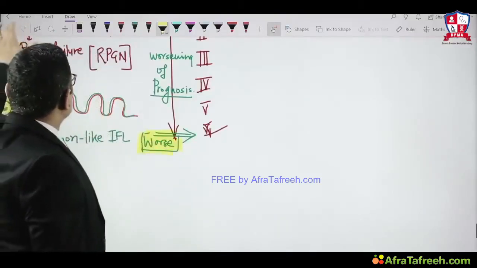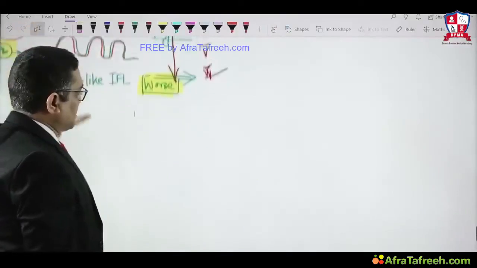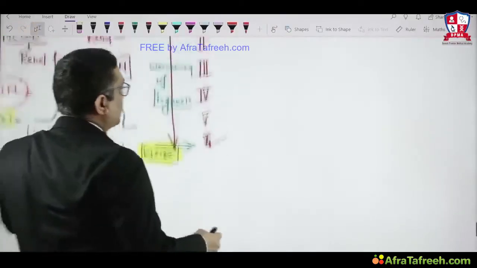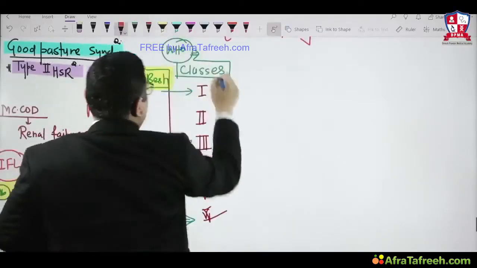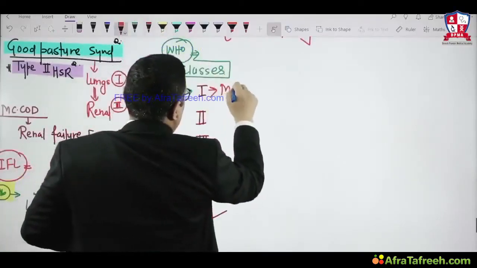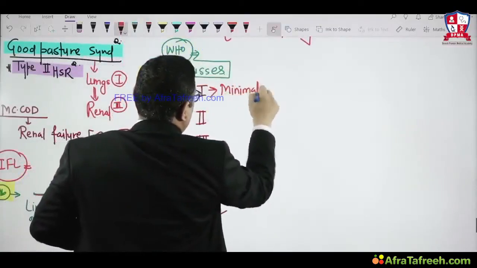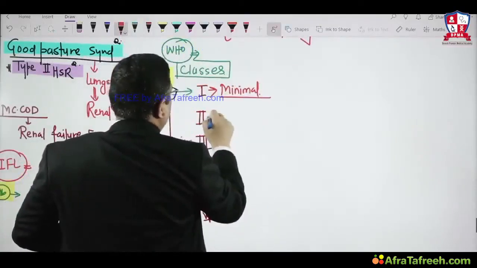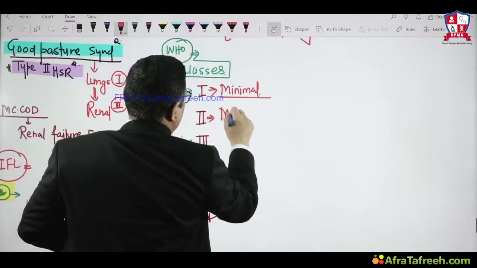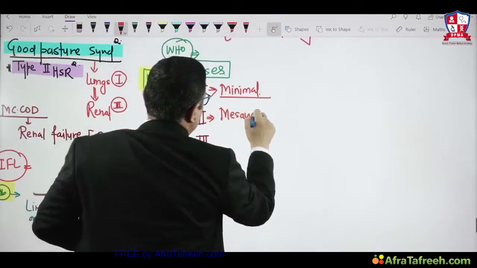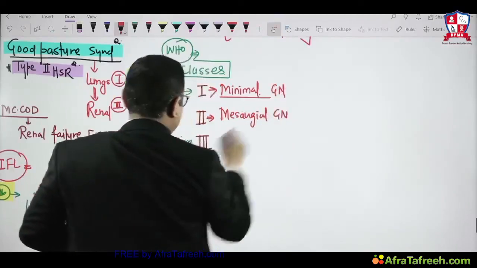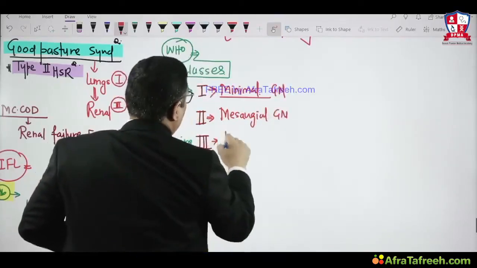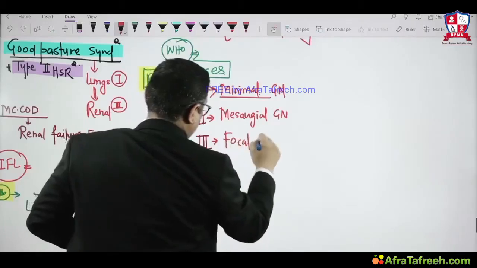So here, what I want to discuss is immune complex mediated disease, because these are immune complex mediated. And what are the names here? I'll just write their names in brief. Class 1 is called minimal disease. Second is called mesangial glomerulonephritis or mesangial disorders. Type 3 is focal glomerulonephritis.